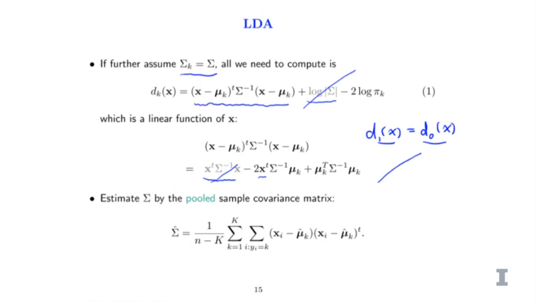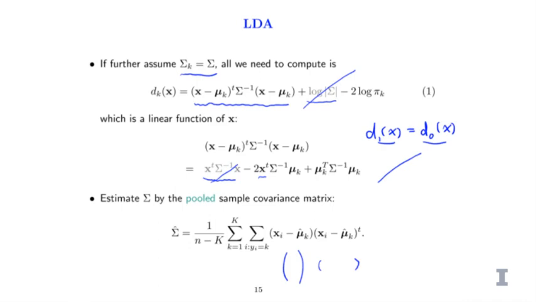For every x i, we subtract its own cluster mean or group mean, mu sub k, and then this is going to be a column vector, and this is a row vector. So the product is a P by P matrix, and we sum this over all k groups and every observation in each group, and then we average by 1 over n minus k. So that's our estimate for sigma.